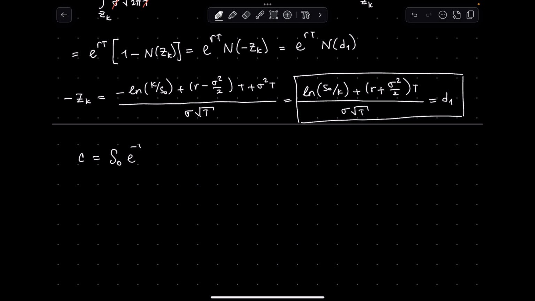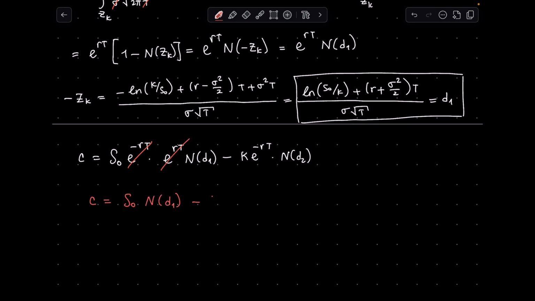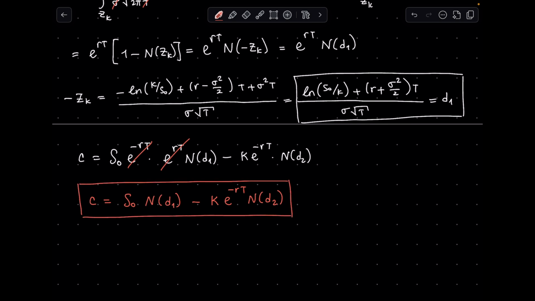Now we just put integral a and b together. This gives us the final closed form solution for the European call option. Next, for the put option, we can go through a similar set of integral calculations, but it's much easier to use the call-put parity once we have the value for the call.